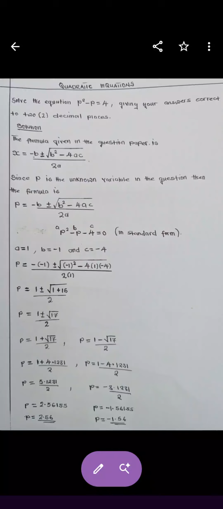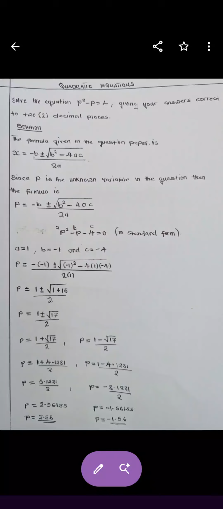We have negative 4 under the square root. We have negative 4 times 1, which will give us negative 4. Then negative 4 times the negative 4 which is inside the brackets will give us a positive 16. And that's the reason why we have written positive 16.